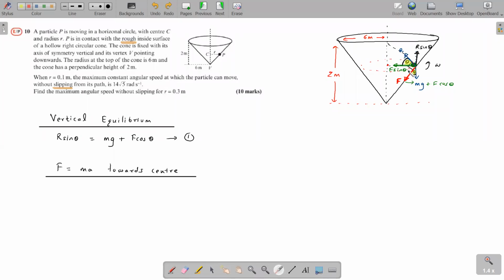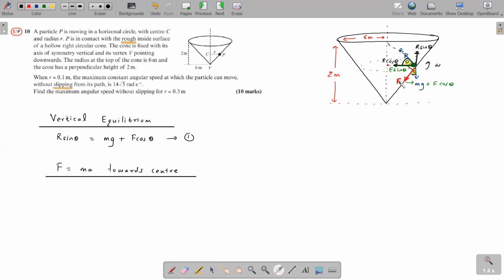When you apply F equals ma towards the center of the circle, you have two forces. It's not just the friction sin theta, but the normal reaction also gives a component, R cos theta, towards the center. So the normal reaction gives a vertical component and also a horizontal component, and the horizontal component is also part of the centripetal force.